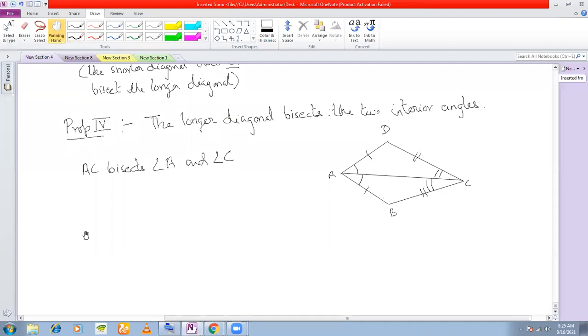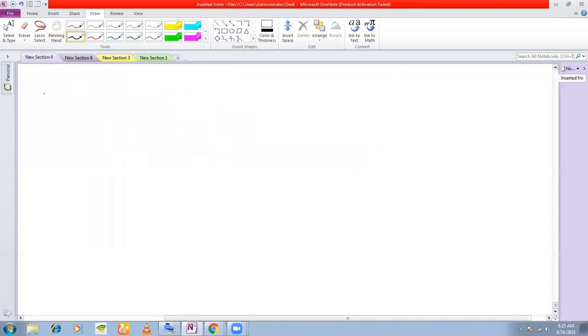Look at this. In the figure given below, ABCD is the kite.